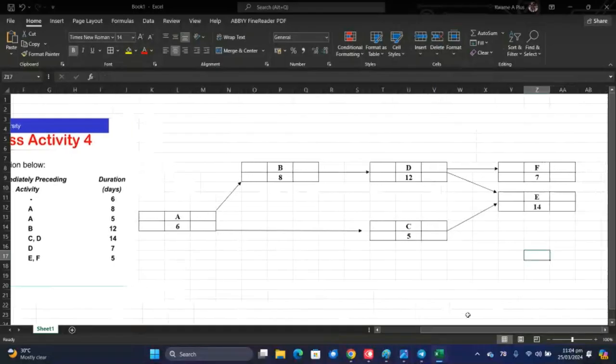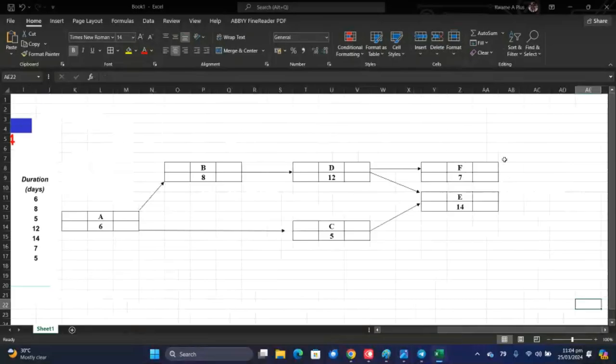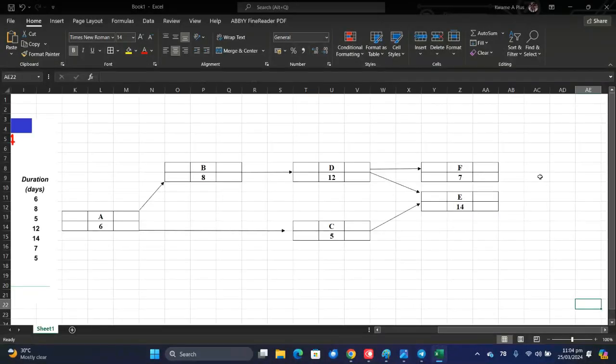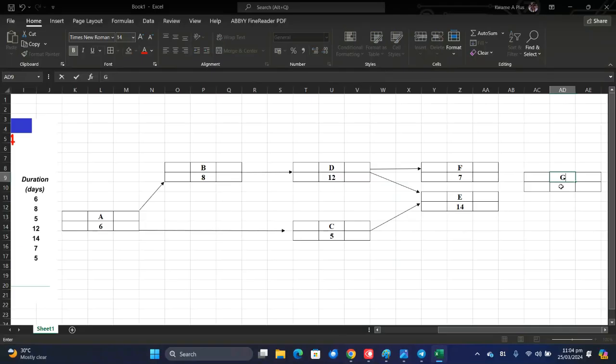Jane. E and F. So these guys also have someone right here. Jane. So just like that. Yes.